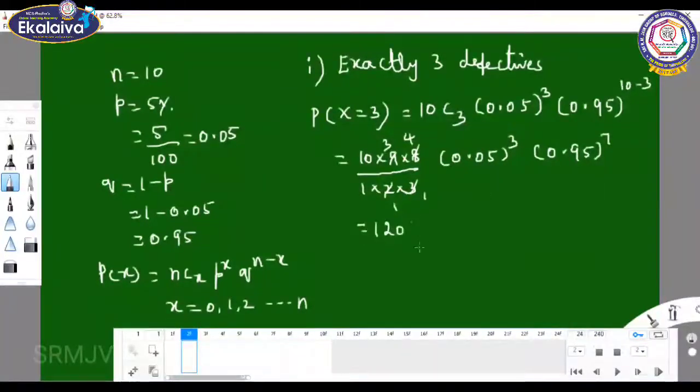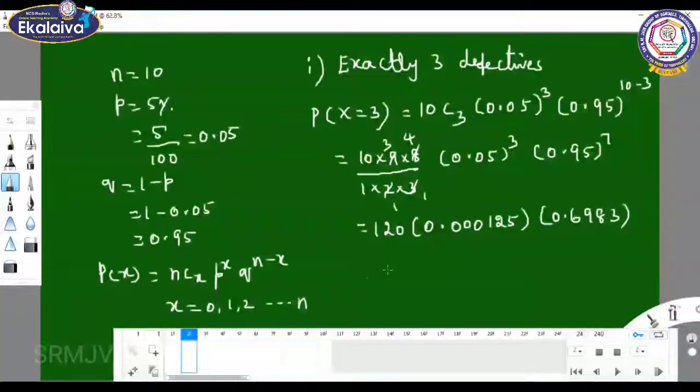120 into 0.000000125 and 0.95 whole power 7. You can use the calculator and do the calculation. Take 4 decimal places after the decimal point. Okay, children, 0.6983. Multiply all the values.